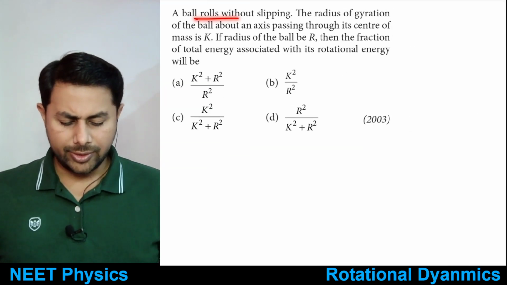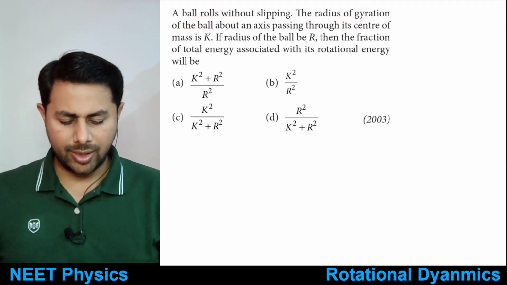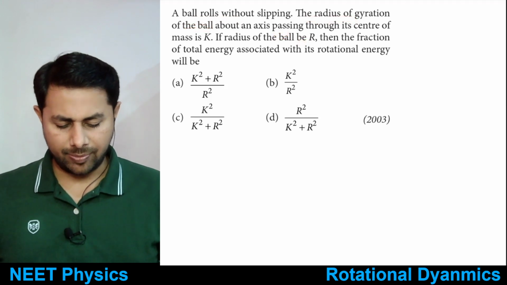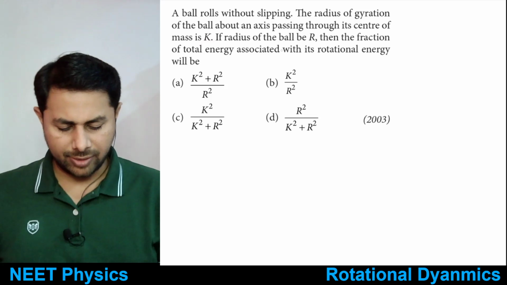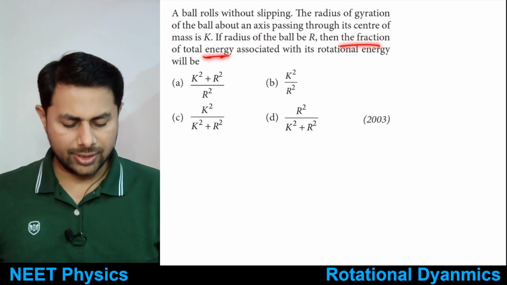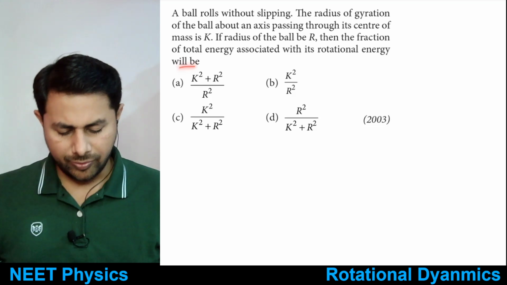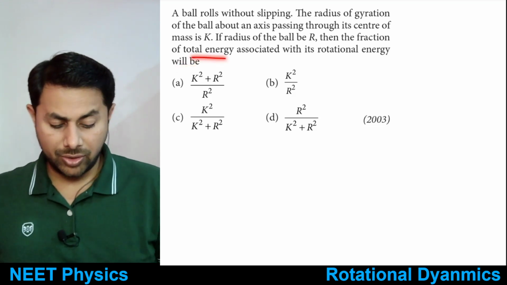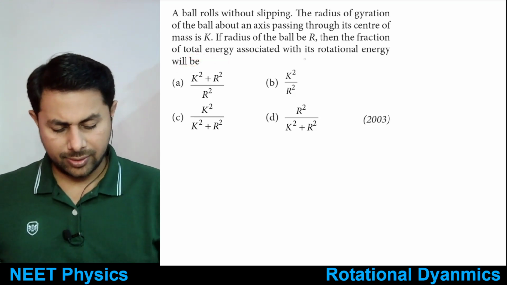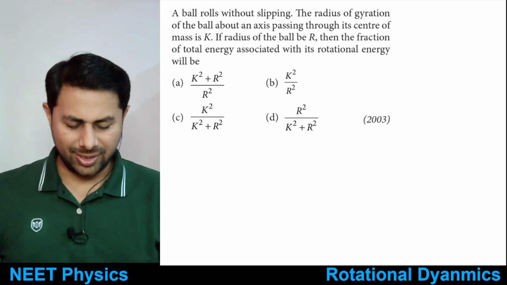A ball rolls without slipping. The radius of gyration of the ball about an axis passing through its center of mass is k. If the radius of the ball is r, then the fraction of total energy associated with its rotational energy will be? So it's the opposite of what we saw earlier.